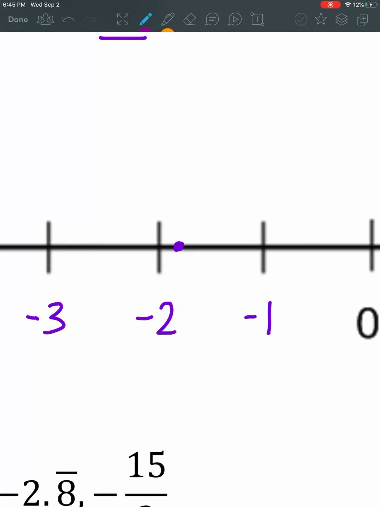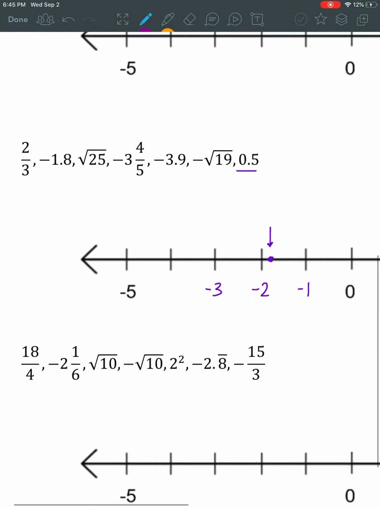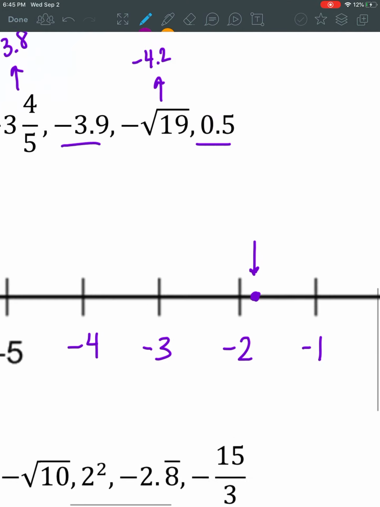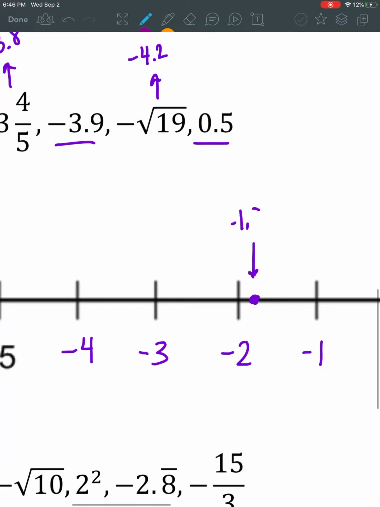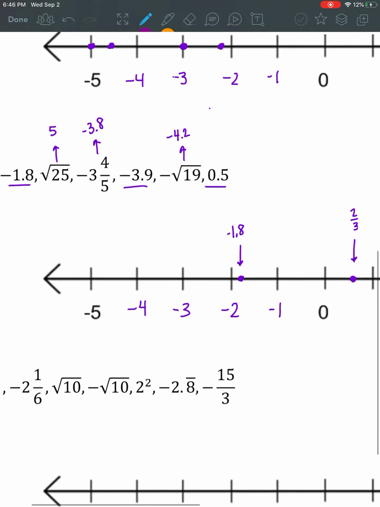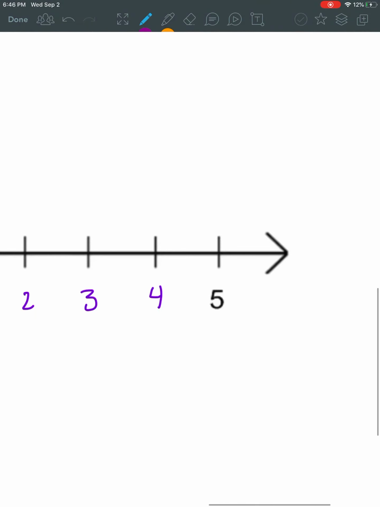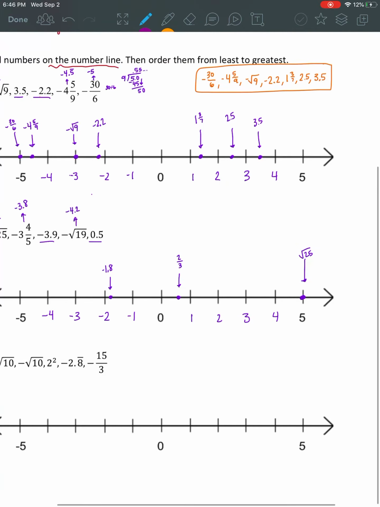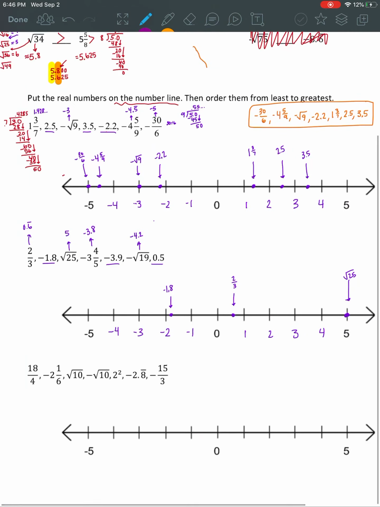So negative 1.8 needs to be in between negative 1 and negative 2, and it needs to be closer to negative 2. And I'm going to double check. It was given in decimal form, so we can write negative 1.8. Square root of 25 comes out to the whole number 5, so that is right on that line of 5. That is square root of 25.